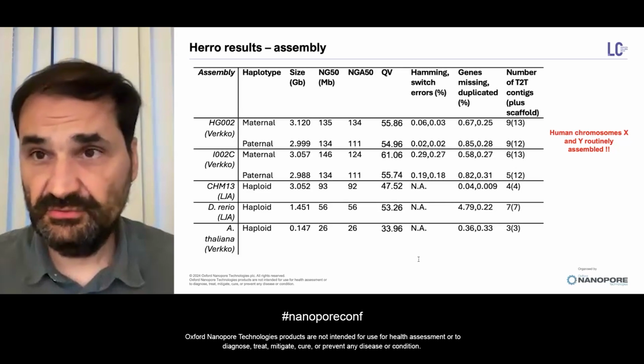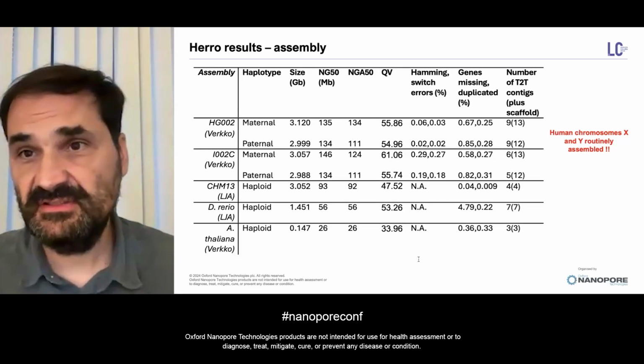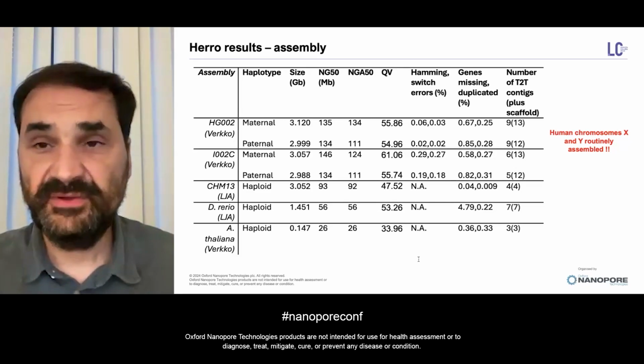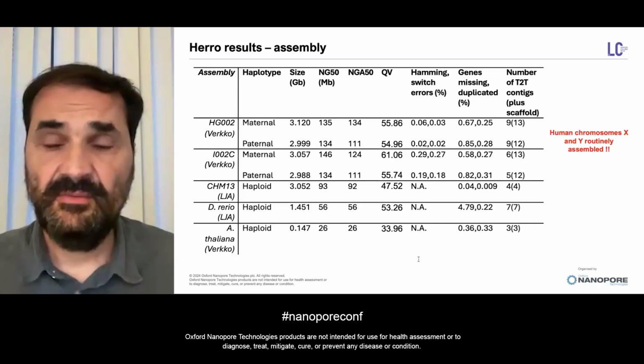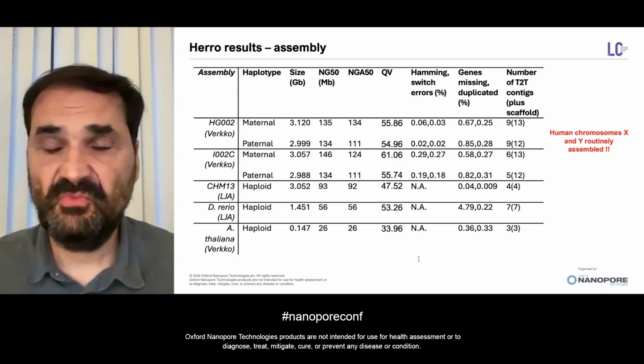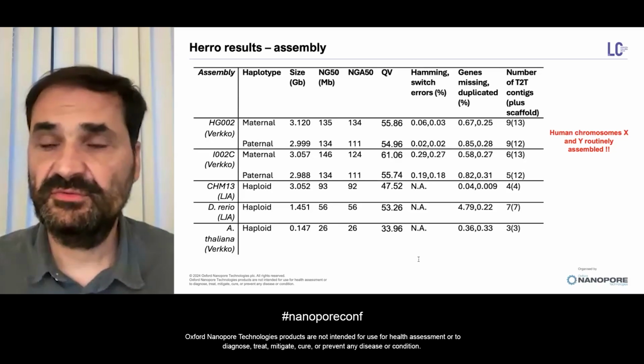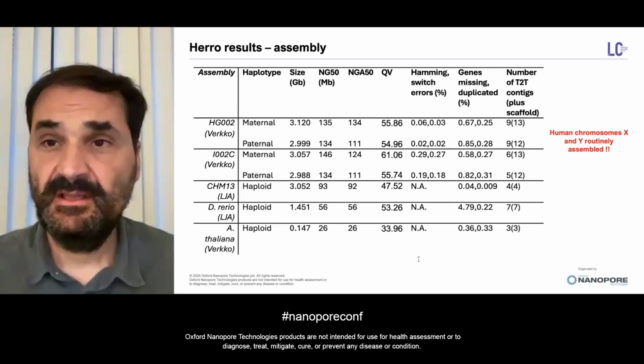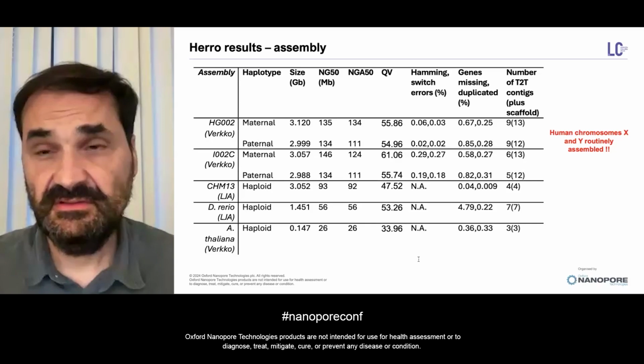We use HERRO with the assembler because here we present results for HERRO because it reconstructed almost in each run chromosome X and Y, and it is amazing results.